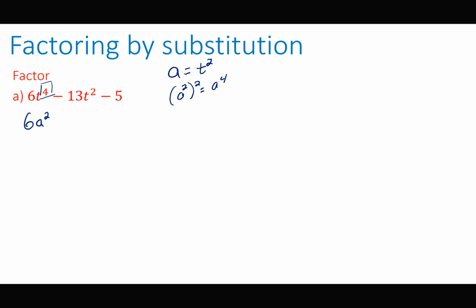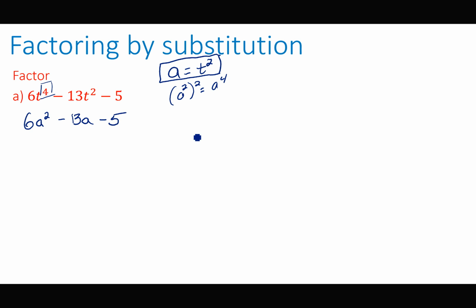So instead of saying 6t to the fourth, well, t squared is really a, so I could say 6a squared. Same thing. And then minus 13a minus 5. So I've taken a quartic, a degree 4, and changed it into a quadratic with this substitution. Anytime I have a t squared, I'm going to replace that with a.